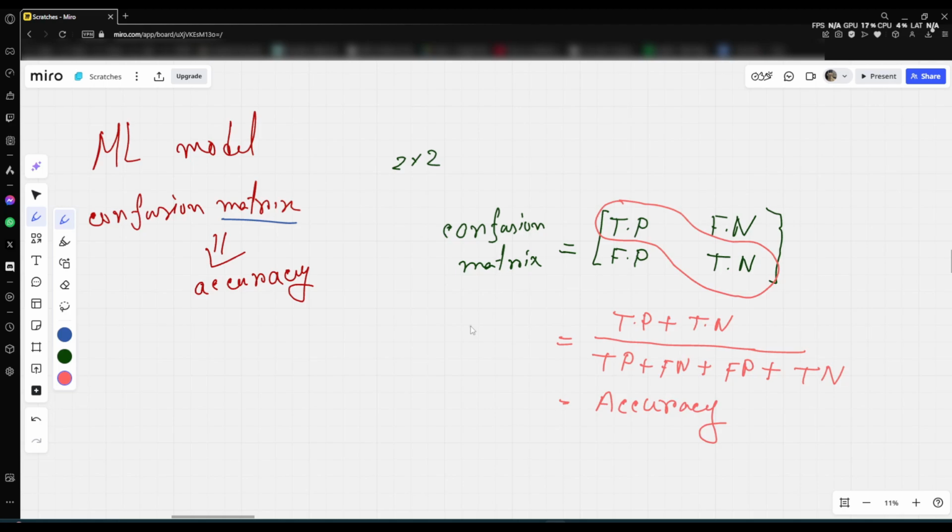This could be 50, 10, then 5, 31, with numbers.